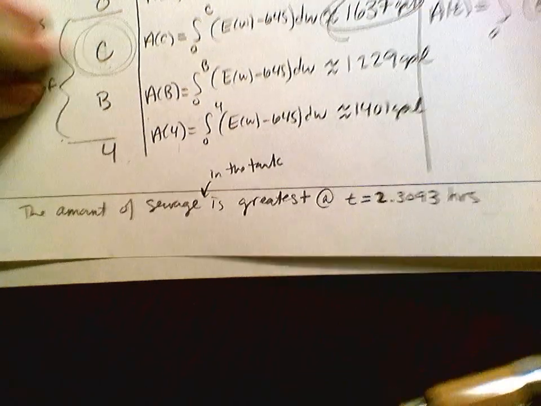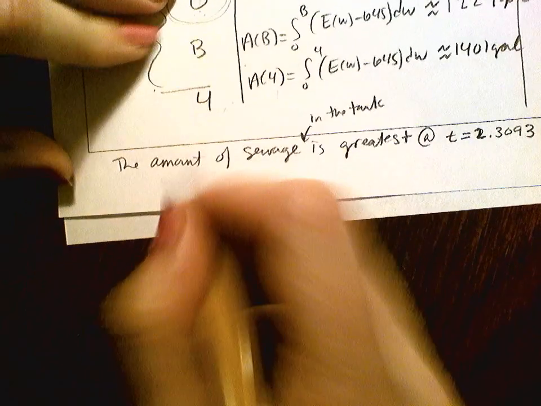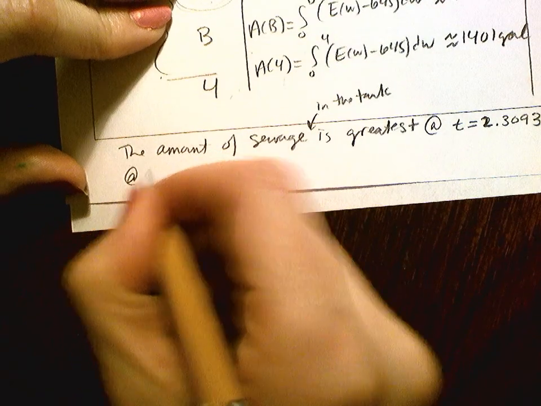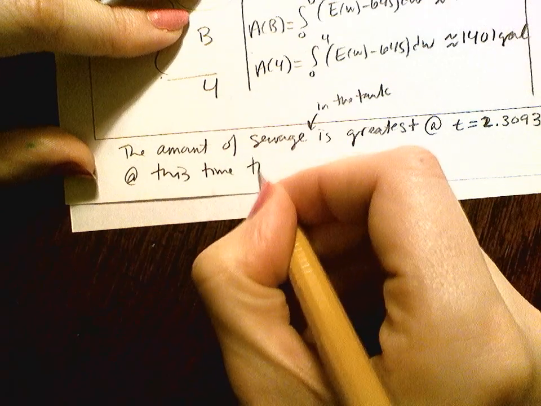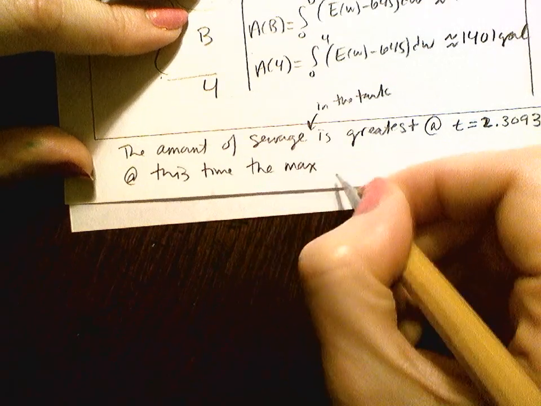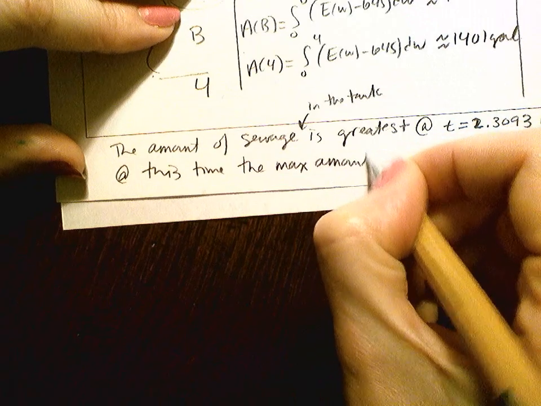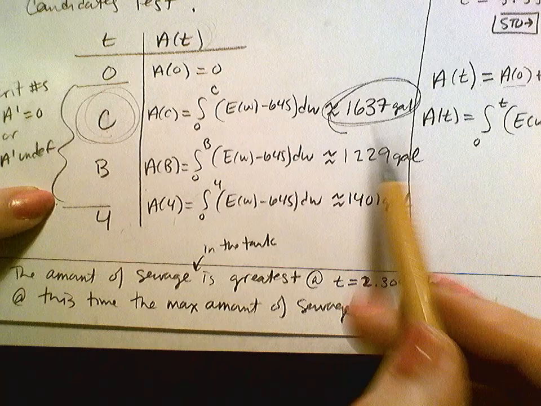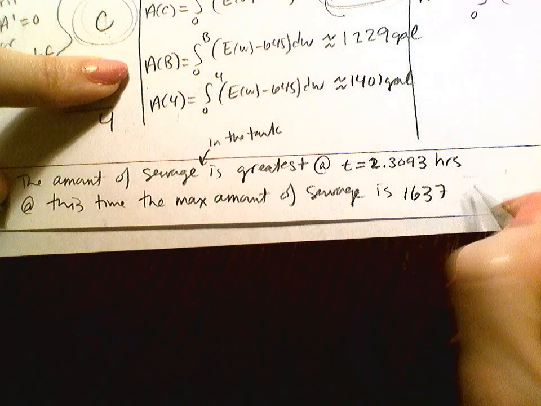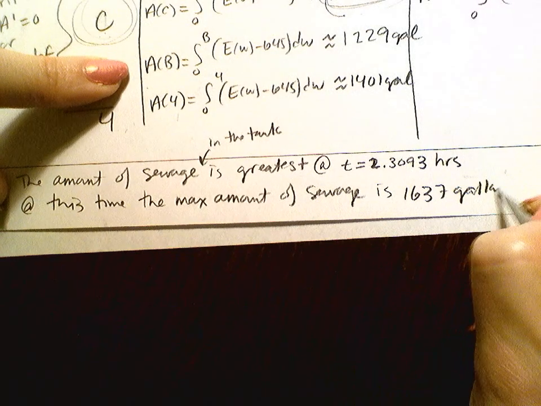To the nearest gallon, what is the maximum? Okay. At this time, the maximum amount of sewage is this output right here, in gallons.